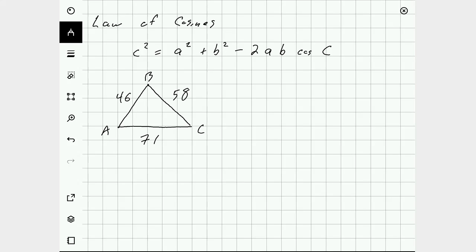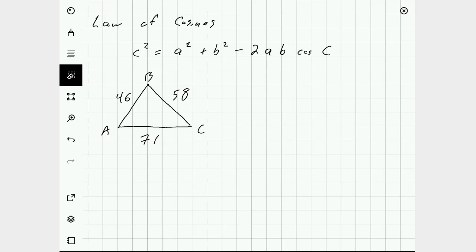The first thing you need to do with an SSS triangle, the SSS and the SSA triangles are the only two cases where it's possible to not actually have a triangle. And what you have to check here is that no one side of the triangle is bigger than the other two combined. This particular triangle is not a problem.